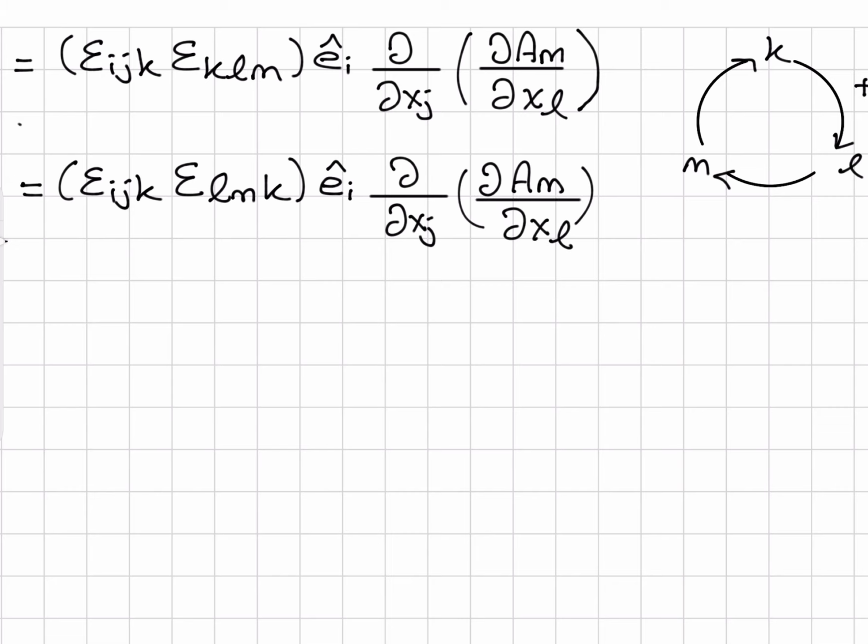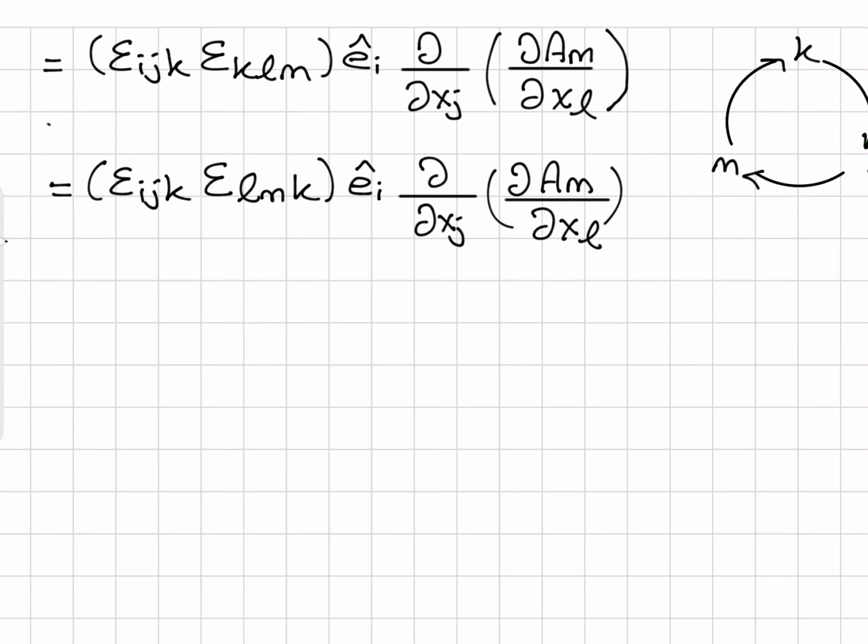Okay, and now we can use the Levi-Civita identity because the common index is in the same position. Kronecker delta, first indices i l, first; then second j m, minus inner j l, outer i m. So first times second minus inner times outer.